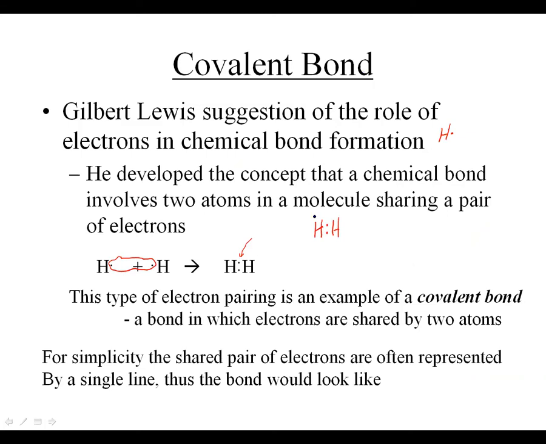If we come over here, those 2 count for the hydrogen on the left. And if we come over here, those 2 count for the hydrogen on the right. So in essence, they are both sharing 2 electrons, and that gives them both 2 electrons in this case, which is good.